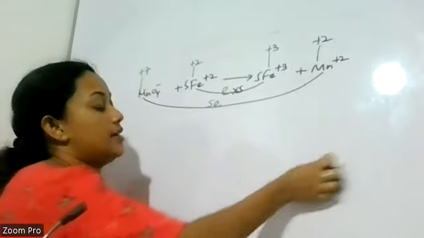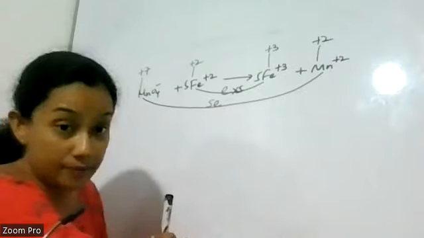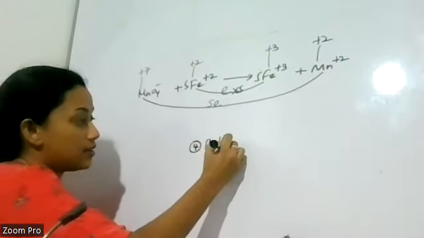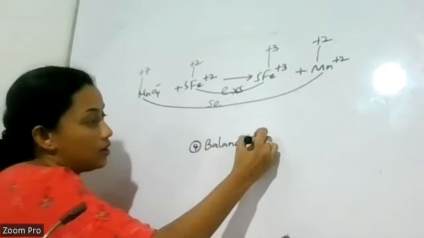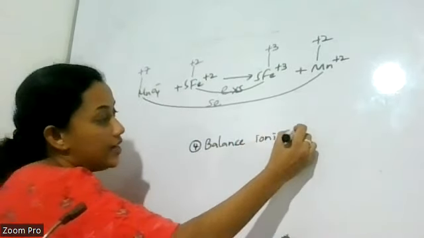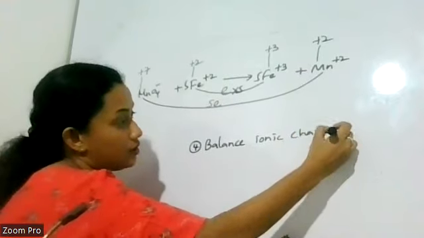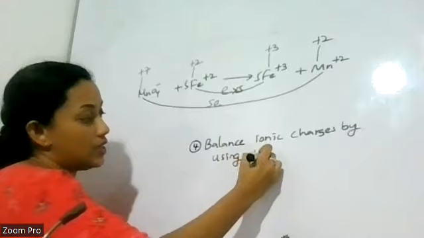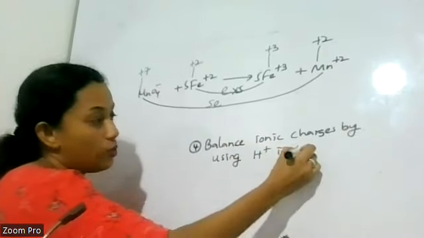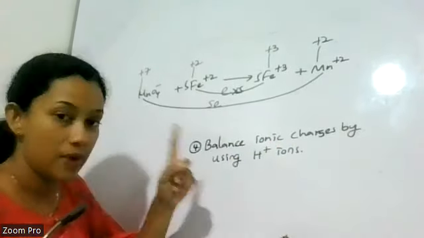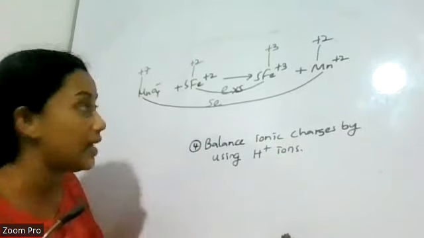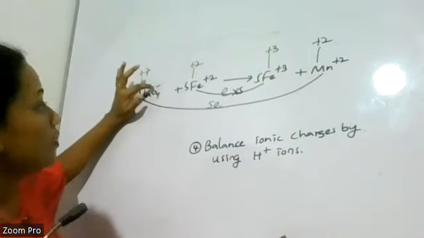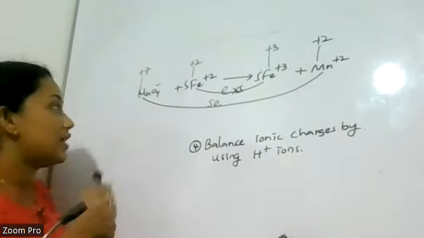Then the fourth step is what? As it is an acidic medium, the fourth step is to balance ionic charges by using H plus ions. Normally H plus ions take plus 1 charge. Remember that. On the left side of the arrow, minus 1 charge is there.